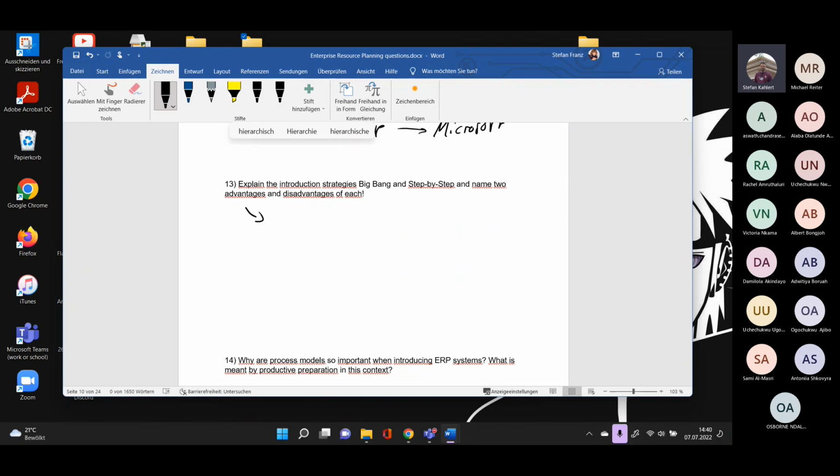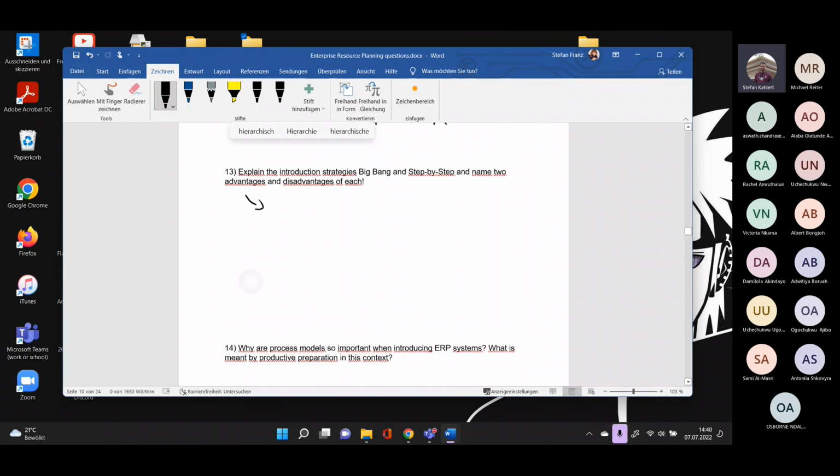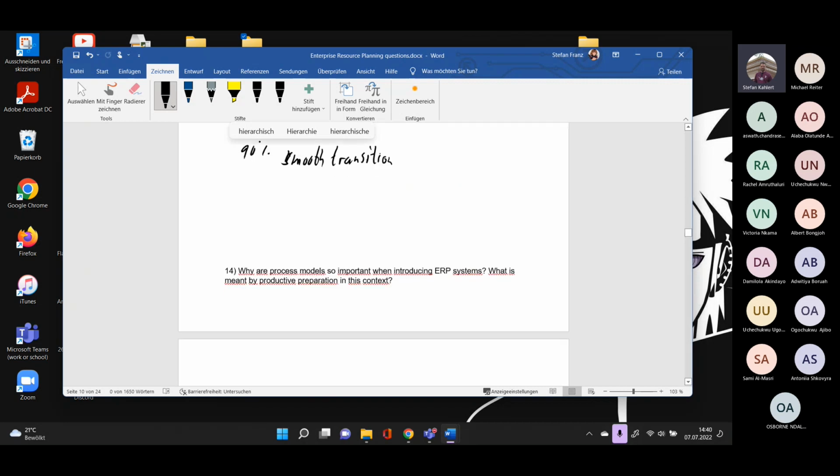But if you start on Monday and you don't have access, it's really worse. So most companies, I would say 90%, do a smooth transition. This is how we call it. Only smaller companies try to do that in a Big Bang, but it's not a good decision.